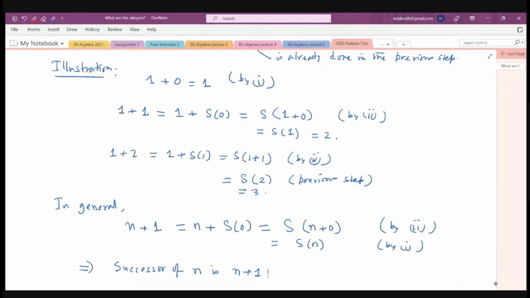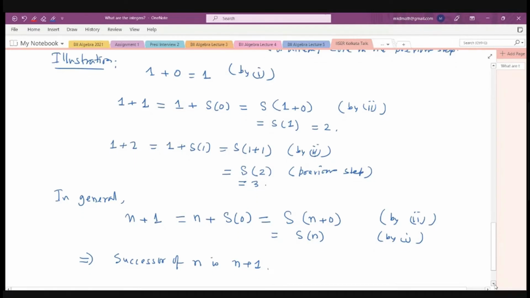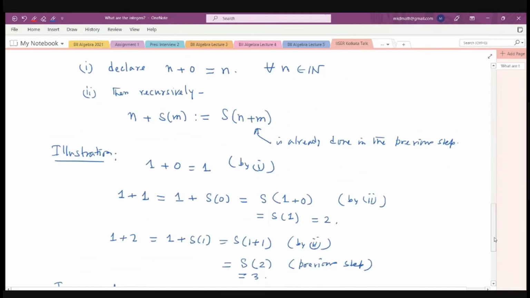How did I get this definition? What was the idea behind it? The idea is that when people formulated these things, they studied the properties of natural numbers, which we all know, and then they formulated this definition that I'll do it one step at a time.